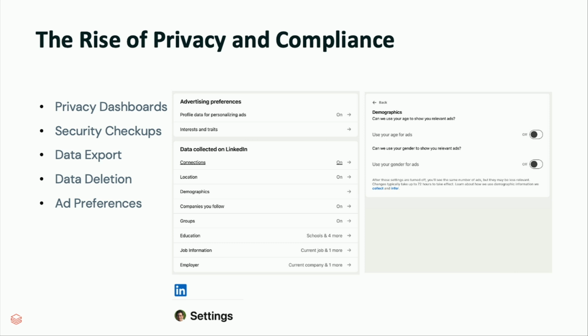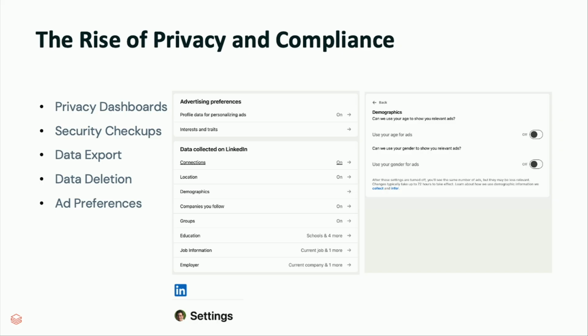And at the same time, companies that deal with user data have to gain users' trust and proactively implement knobs to put the user in the driver's seat in terms of their compliance and privacy settings.